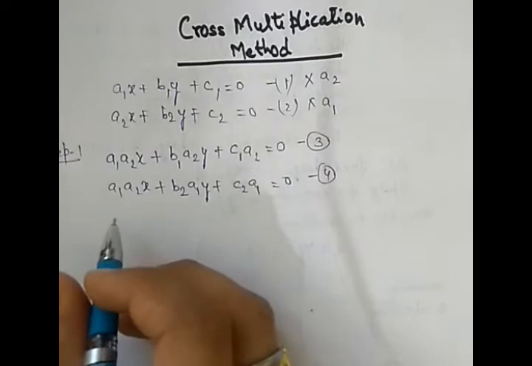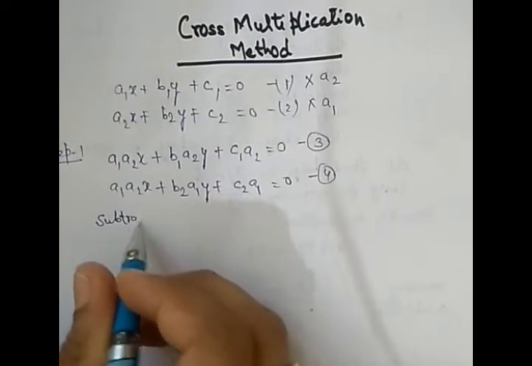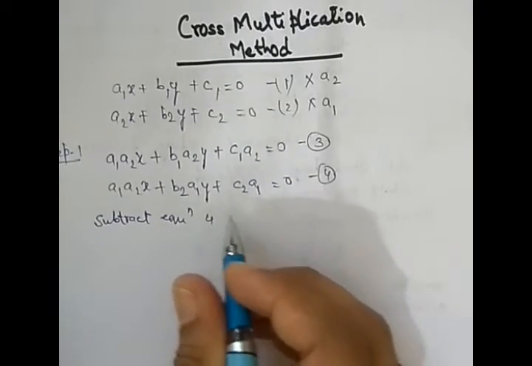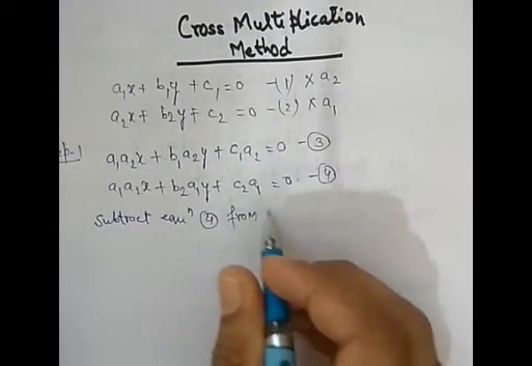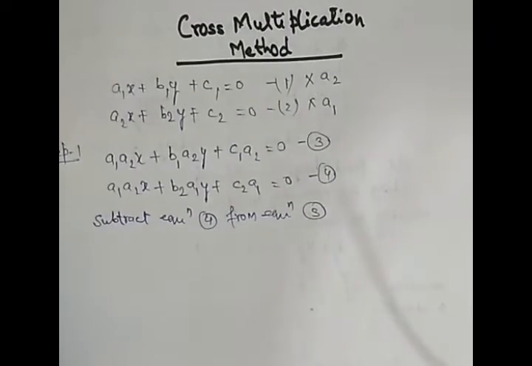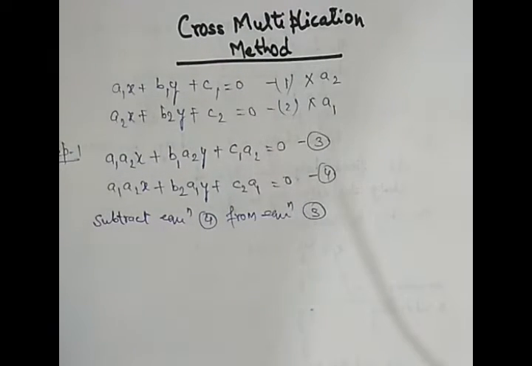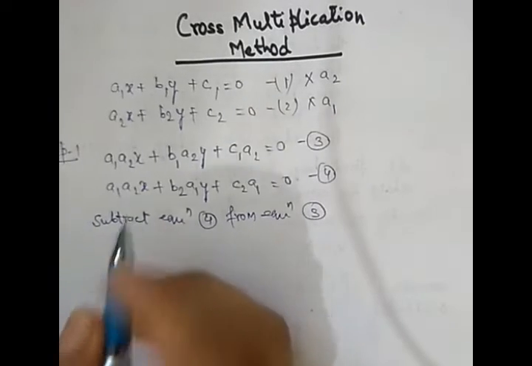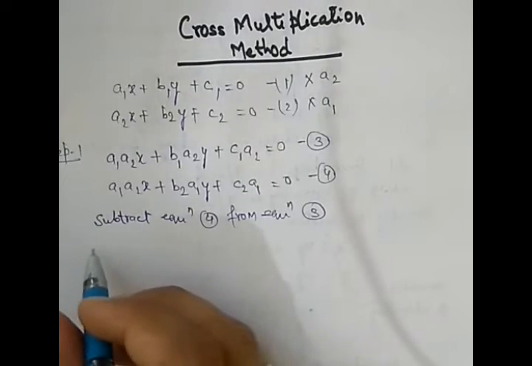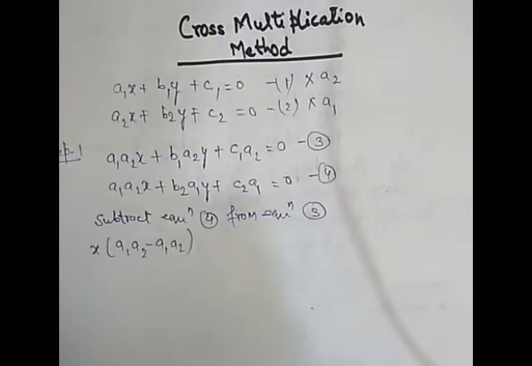On subtracting, if we subtract equation 4 from equation 3, अब अगर ये आप करने की कोशिश करो तो देखो आपके सामने आएगा क्या। वंस यू विल सब्ट्रैक्ट इट, this will be x times a1 a2 minus a1 a2.